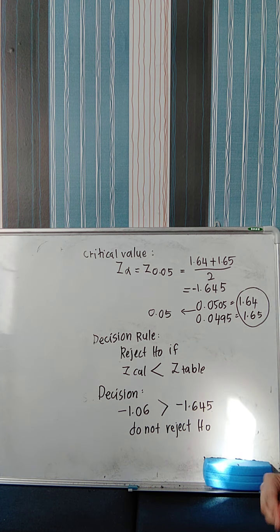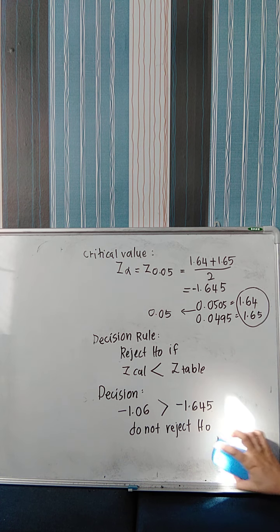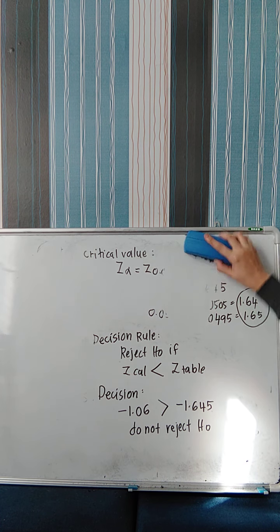When you do not reject H null, what is the conclusion?